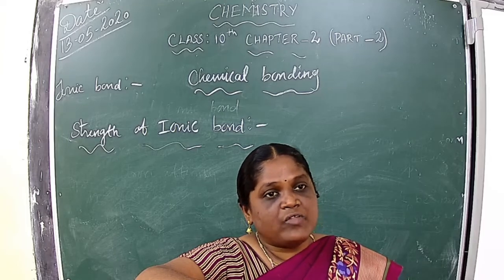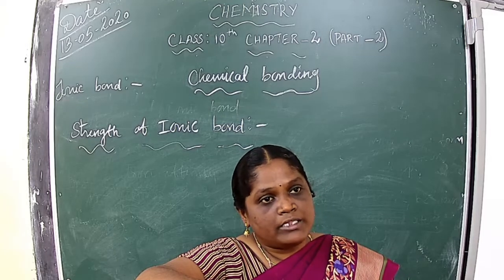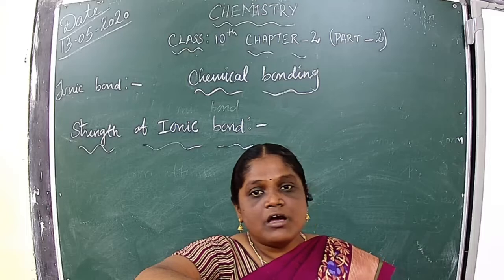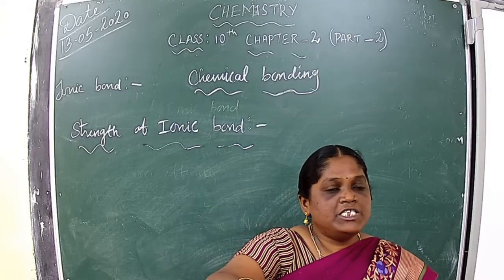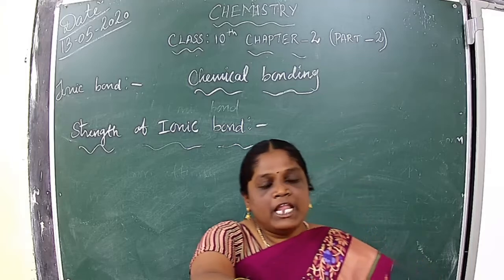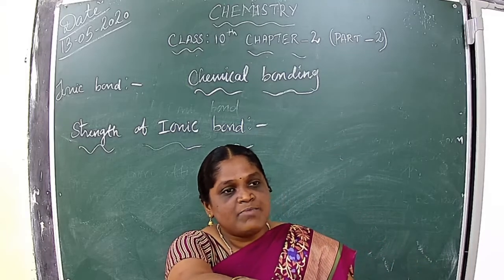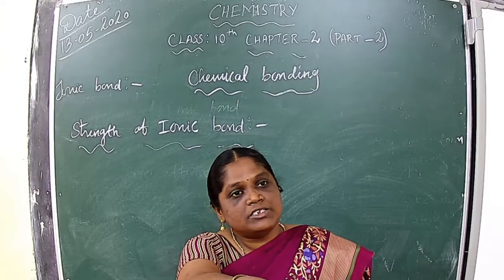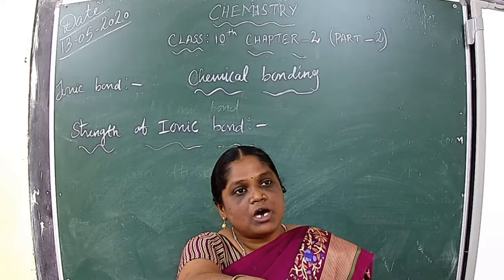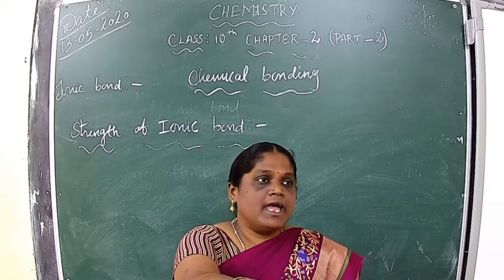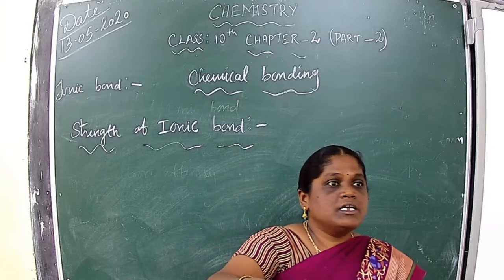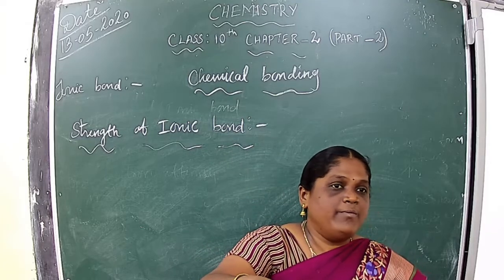That is known as the strength of ionic bond. Strength of ionic bond means the magnitude of electrostatic force of attraction between oppositely charged ions.